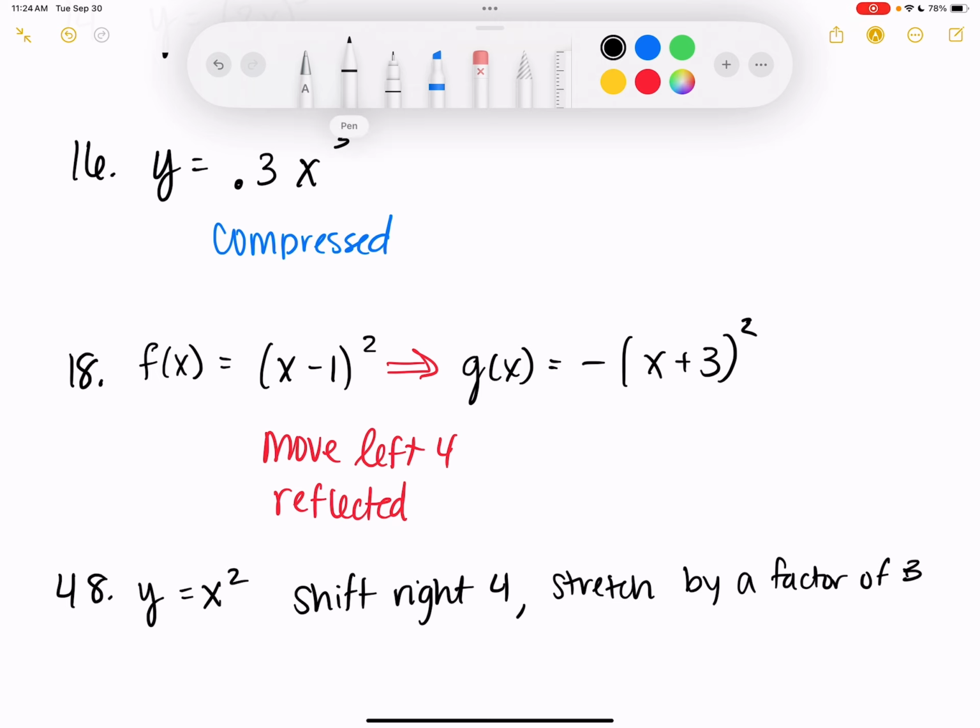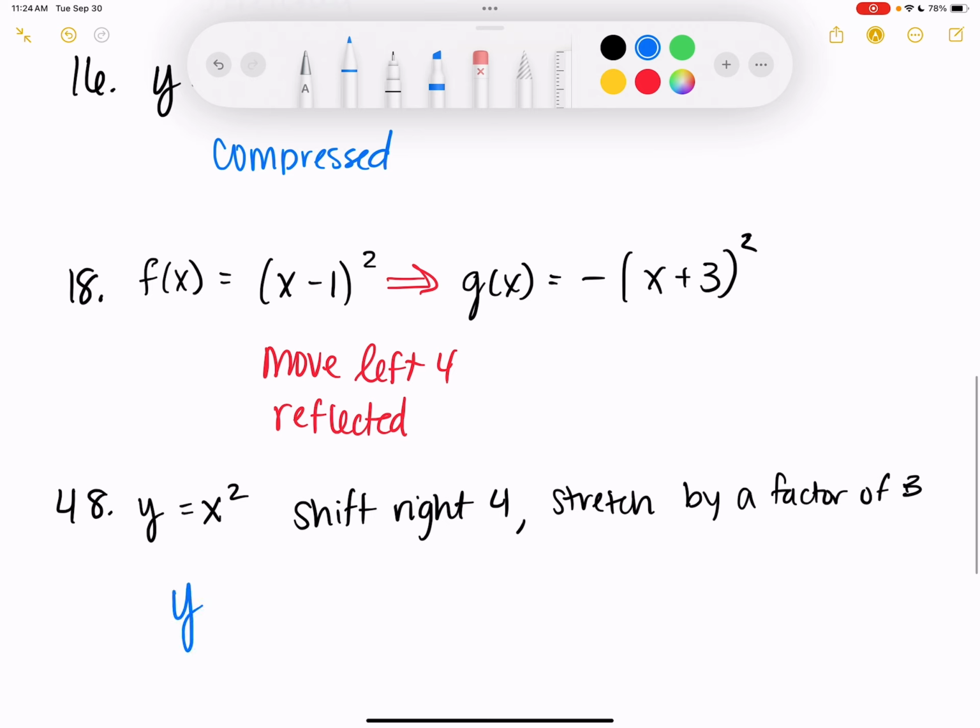Okay, I know how to do this one. So we're going to do y equals 3 times (x minus 4) squared. We'll put the square stuff on the outside. So minus 4 and then that squared.